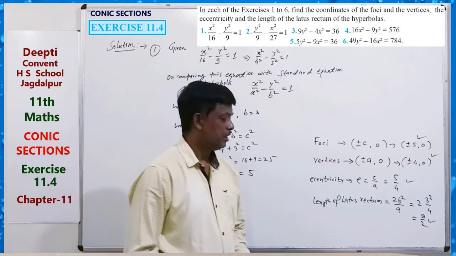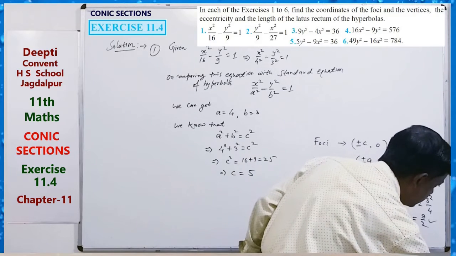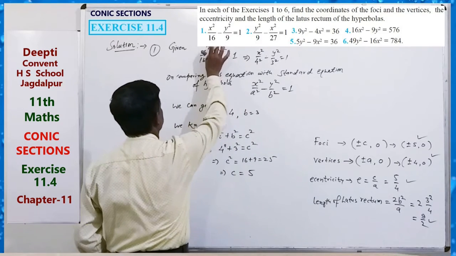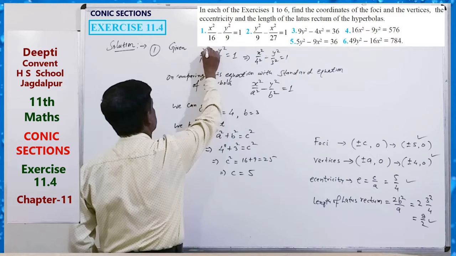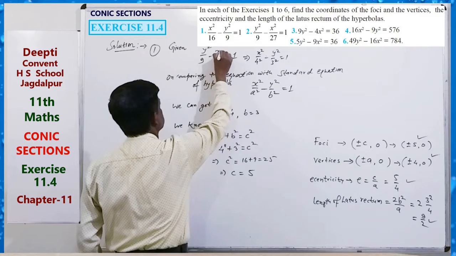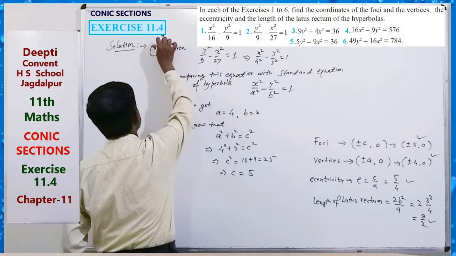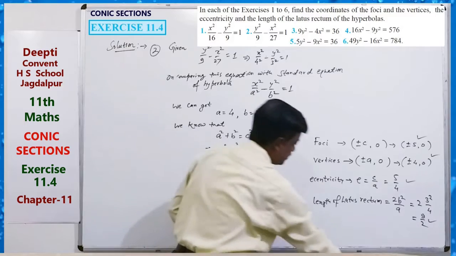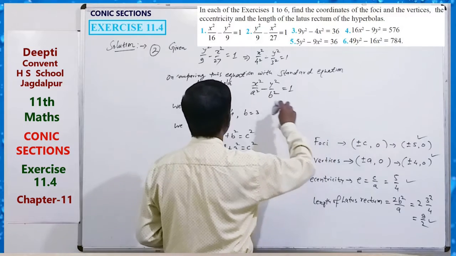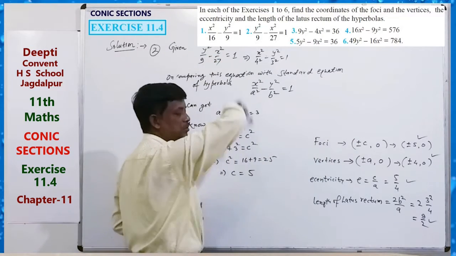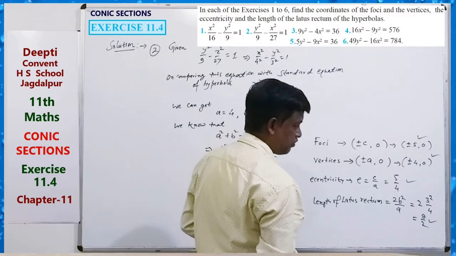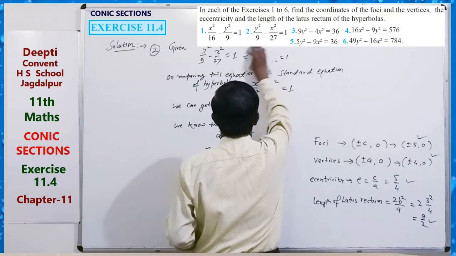Question 2 is given as y square by 9 minus x square by 27. It is the same type, but the difference is that the format is something different here.